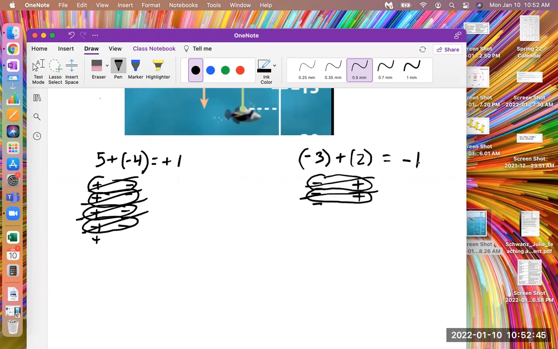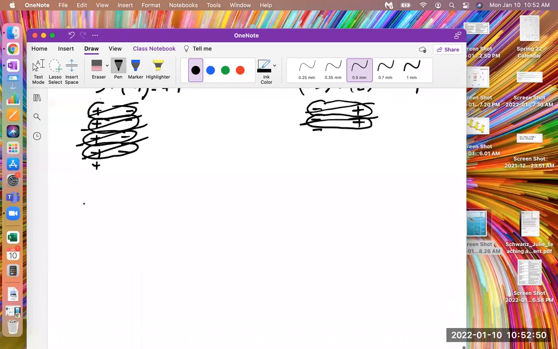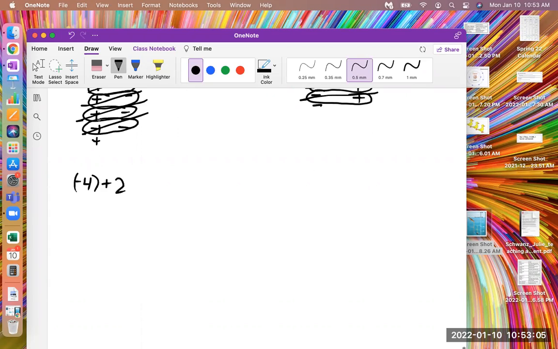So it's -1. That's the answer. Okay, and I would continue to keep doing this. I'd use small numbers so you don't have to write a lot of positive signs, but actually write out every picture to go with it.